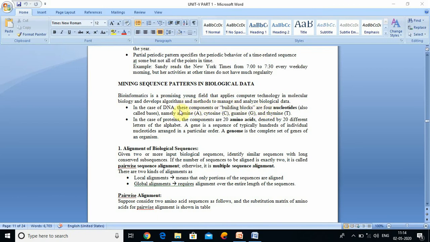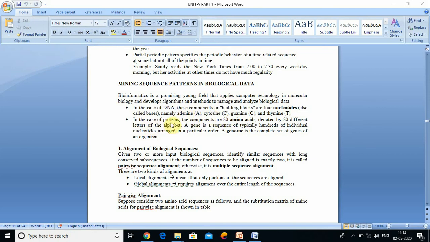In the case of DNA, the building blocks are 4 nucleotides, also called bases, namely adenine A, cytosine C, guanine G, and thymine T. These letters are the starting letters of these names.